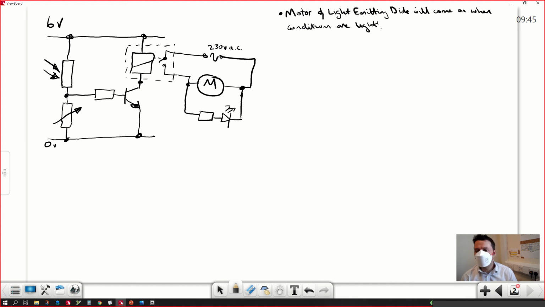Can anybody tell me what's missing from that circuit? Something really important is missing from that circuit. Oh, a couple of people know. What's missing? The diode. What for? The relay. Yeah. So this dotted box is drawn around a relay, a single pole, single throw relay. That's an electromagnetic device.